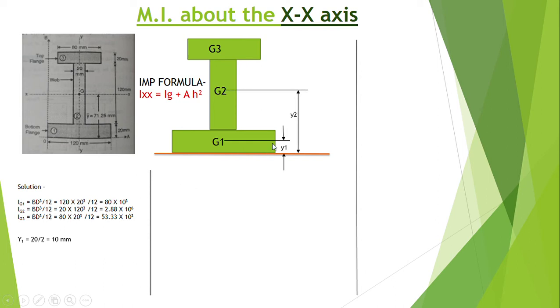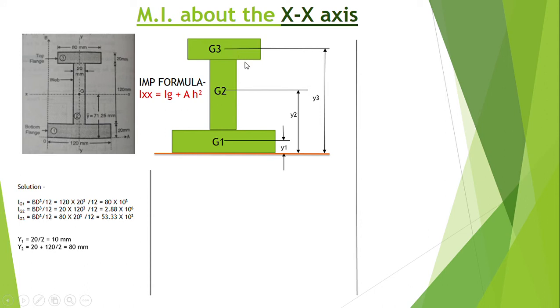Next one is Y2, the distance of G2 from the base. So it will be 20 plus half of this distance, which will be 80 mm. And the last one is Y3, the distance from this line and half of this section.